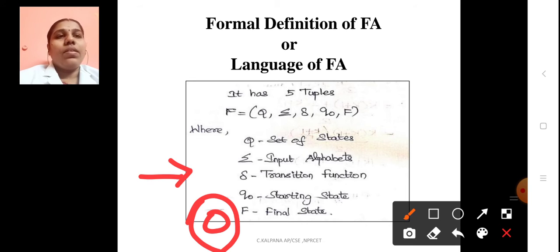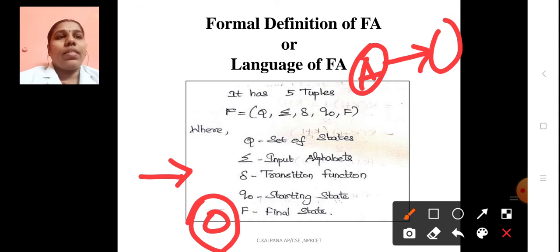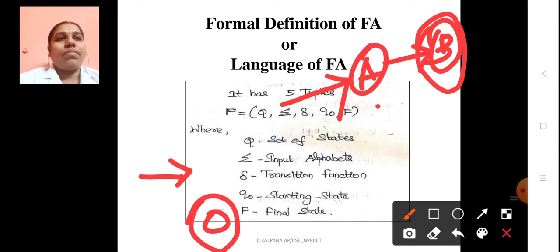For example, I am taking one transition diagram A to B, like that. Here I am taking A as the starting state and B as the final state. Inputs may be either 0 or 1.